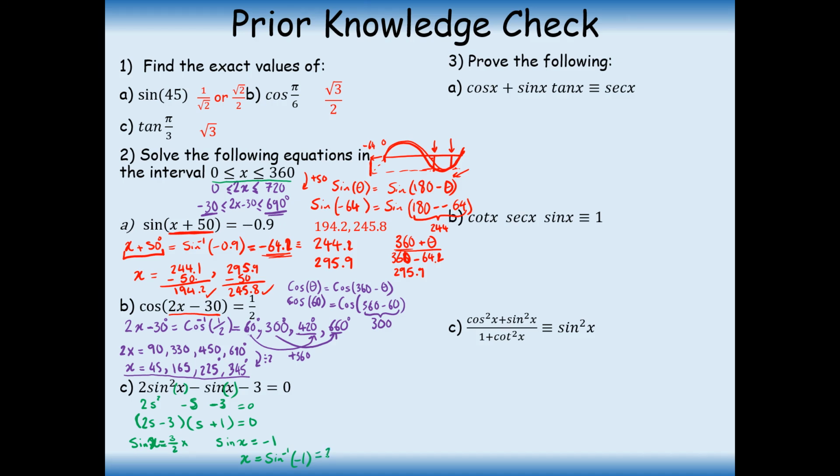This does have an answer, so x will be sine inverse of minus 1, which is 270 degrees. Now that falls just at the trough here. So this particular value doesn't have any alternate answers for sine. You can check for yourself as well, because the graph is symmetric at 270 and 90 degrees.